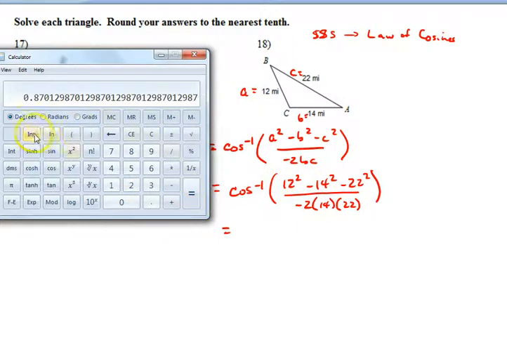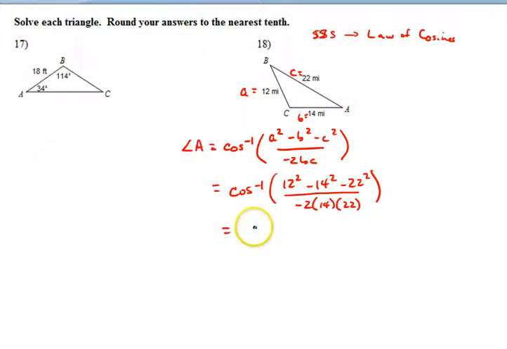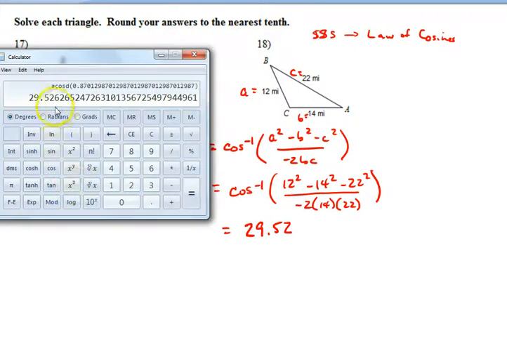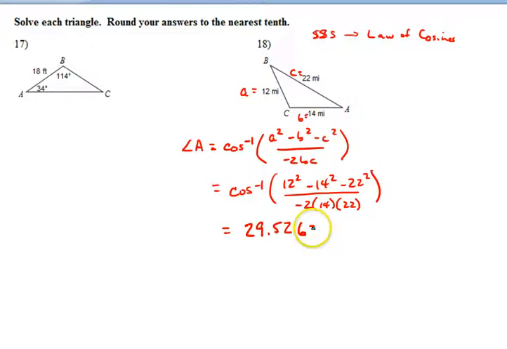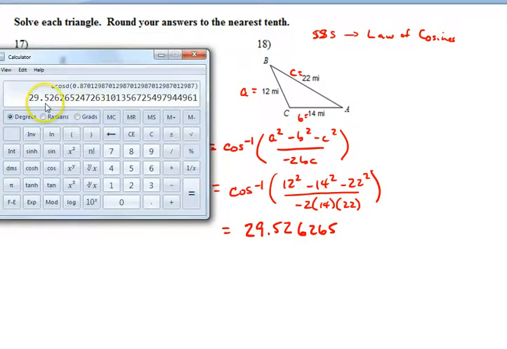I have to take the inverse cosine of it yet. 29.52, 6265, 247.